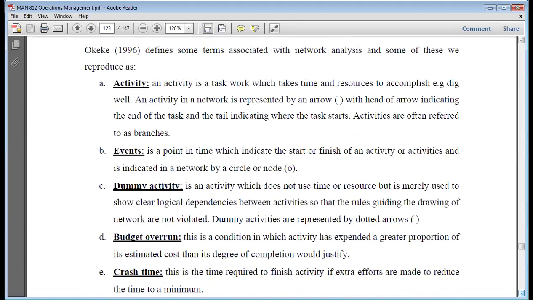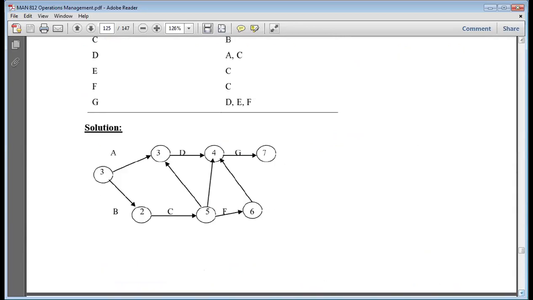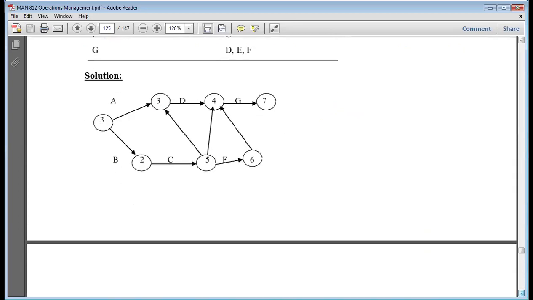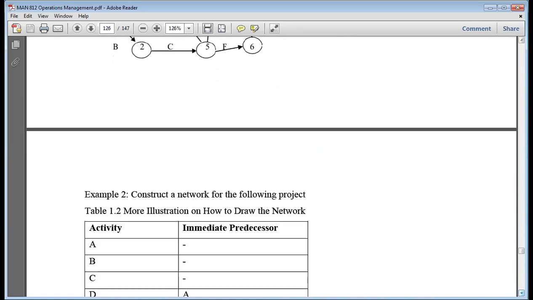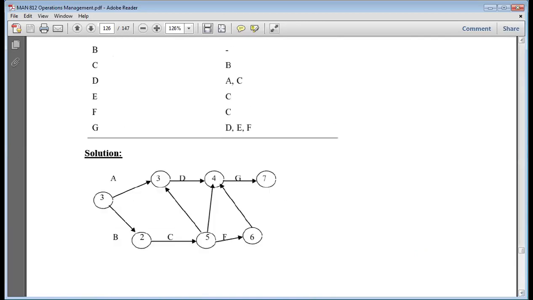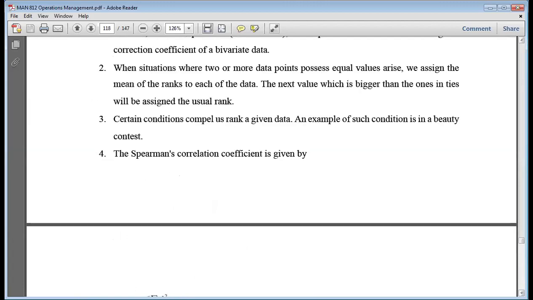Discussing, drawing this thing, what I'm saying. Just read it so that when I'm doing it, where you lost, you get it. For correlation. Any question?